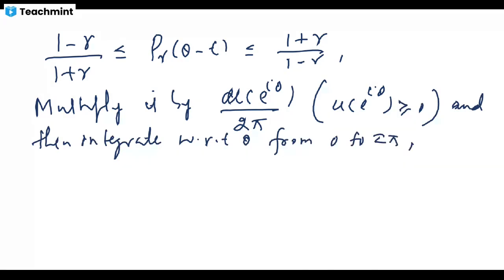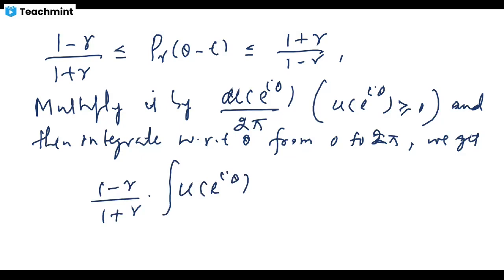We get, now what you are going to get, you are multiplying 1 minus r upon 1 plus r with u(e^{i theta}), and then you are integrating. I'm taking (1 minus r) upon (1 plus r) outside because it's a constant, integral from 0 to 2 pi, u(e^{i theta}) d theta upon 2 pi. And again, the order of the inequality will not change because you are integrating non-negative functions.